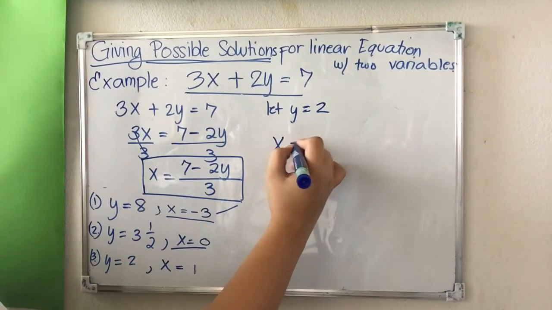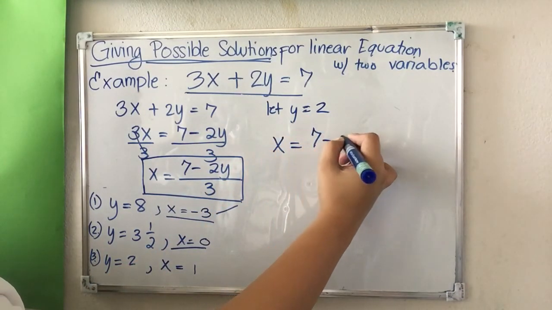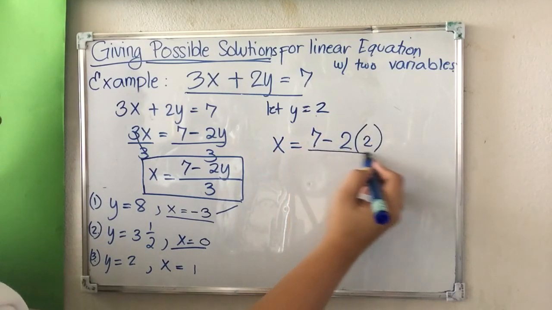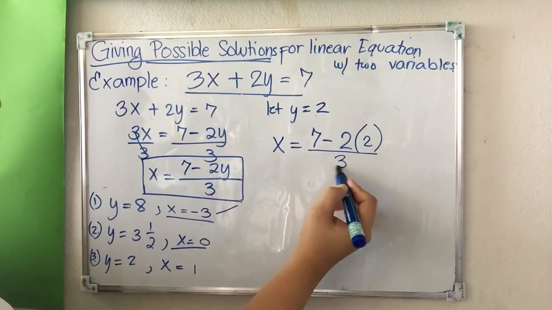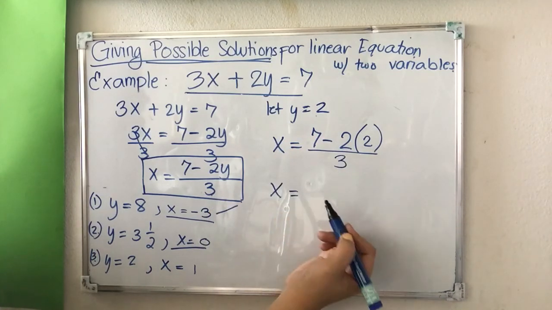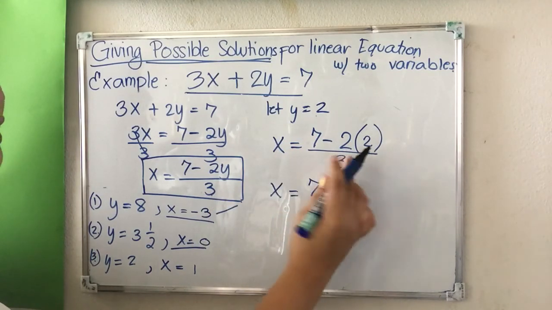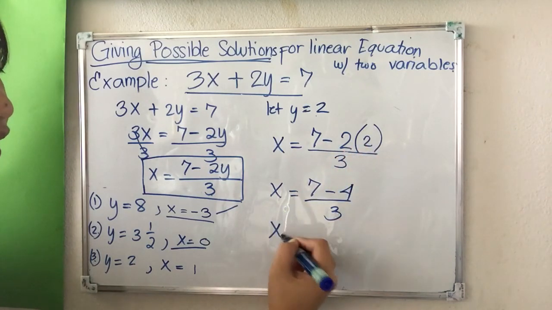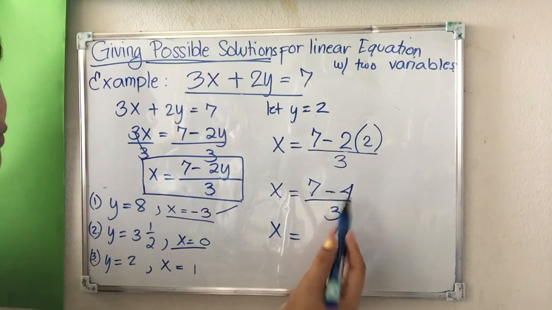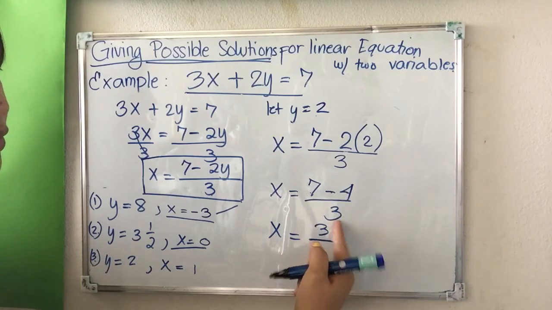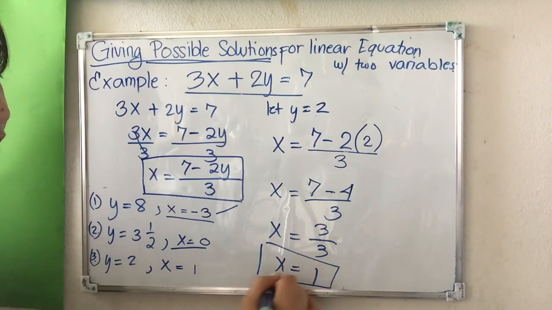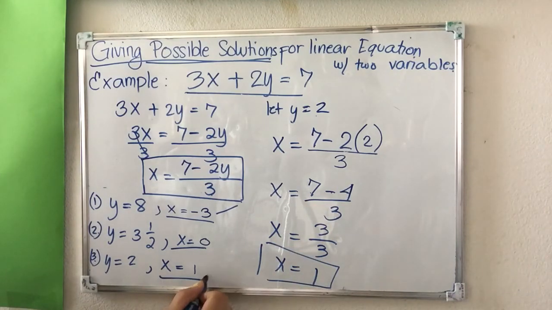So x is equal to 7 minus 2 times the value of y, 2, over 3. So x is equal to 7 minus 2 times 2, which is 4, over 3. X is equal to 7 minus 4 is 3 over 3. So x is equal to 1. So they are the same.